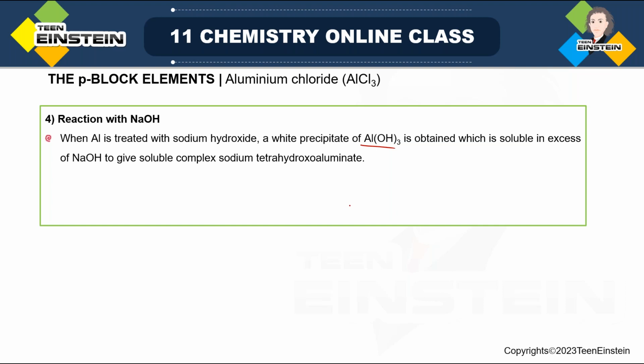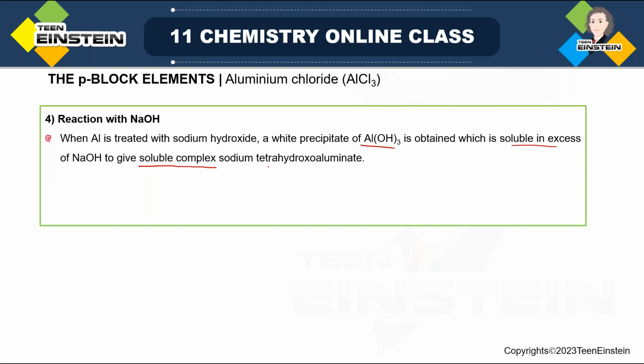Here also in presence of sodium hydroxide we are getting it first, and this is soluble in excess of NaOH. If you increase the amount of NaOH, then there is formation of a soluble complex. So first the white precipitate of Al(OH)3 will be seen in the reaction container. Then when you add more NaOH, it will be converted to some other compound, which is complex type, and it is soluble.